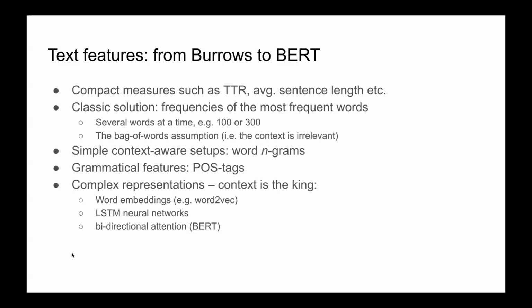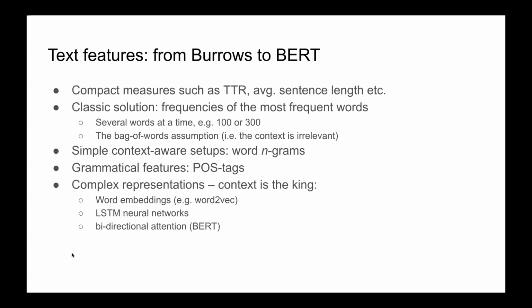And a very simple approach to extend this feature set to some context-aware features is to use n-grams, or combinations of 2 adjacent words, 3 adjacent words, these kinds of chains of words that give us some idea of the context. And it turns out it doesn't really work very well for authorship attribution.